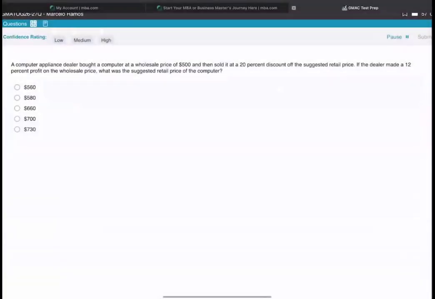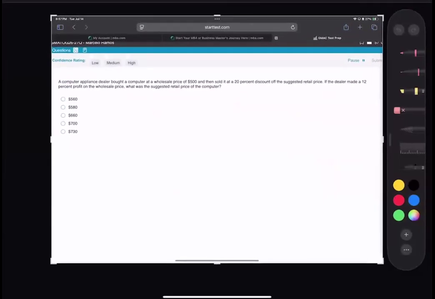Just a second. A computer appliance dealer bought a computer at a wholesale price of $500, and then sold at a 20% discount of the suggested retail price. So the wholesale price is 500.